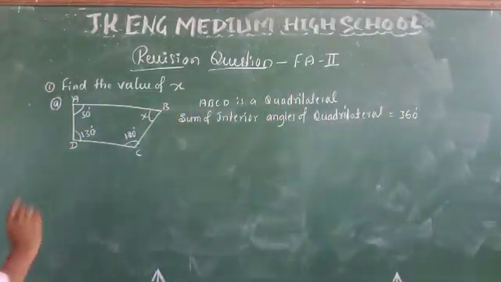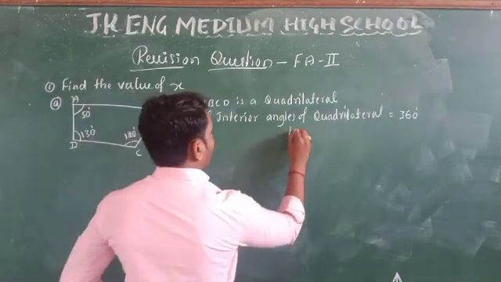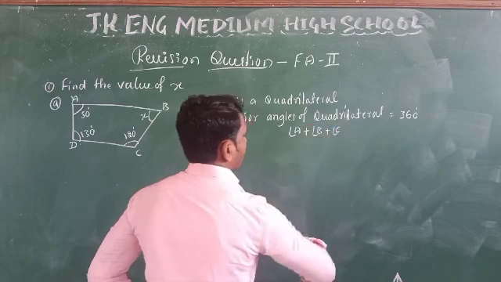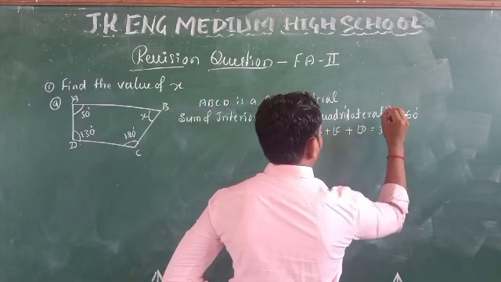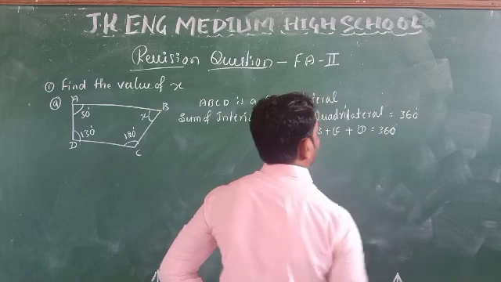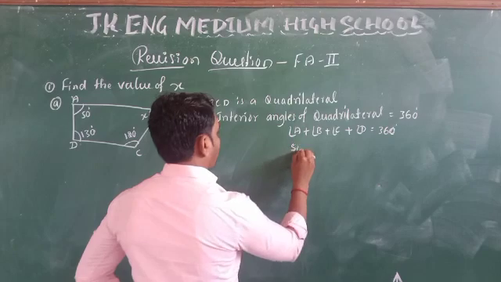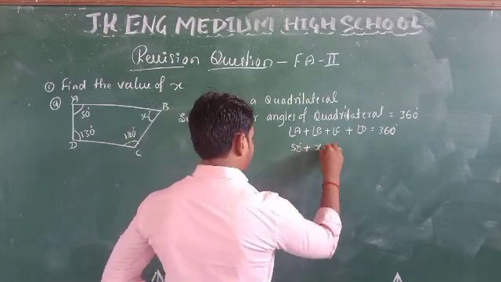Correct children? So what will now? Angle A plus angle B plus angle C plus angle D, overall is equal to how much? 360 degree. What is the angle A value? 50 degree.